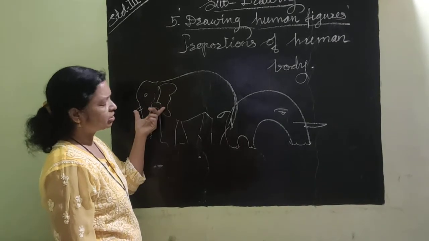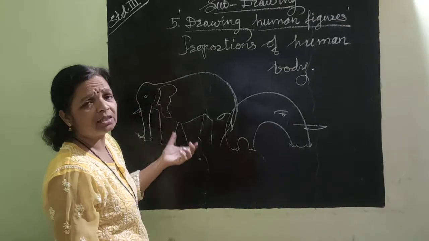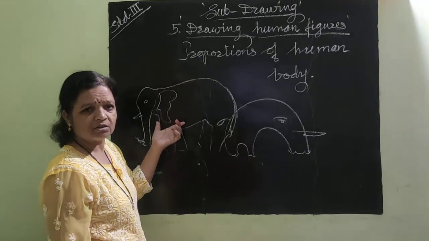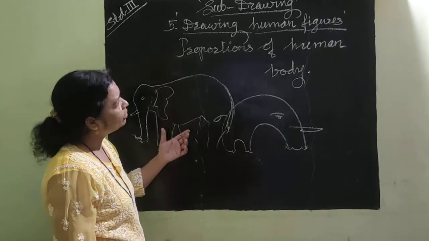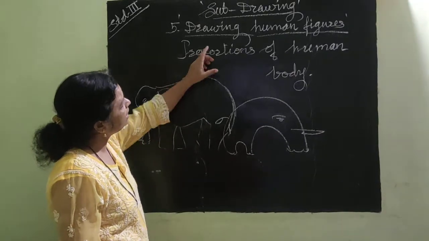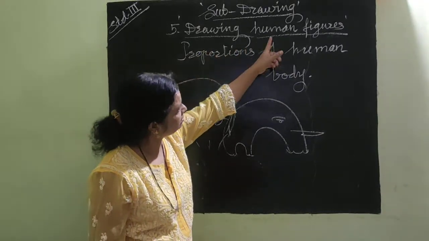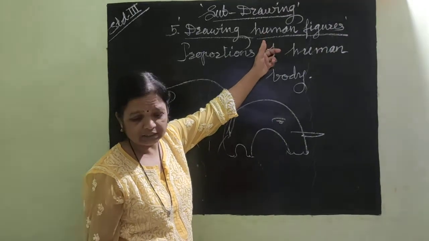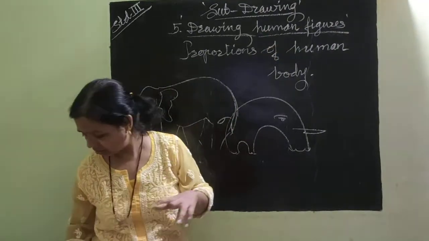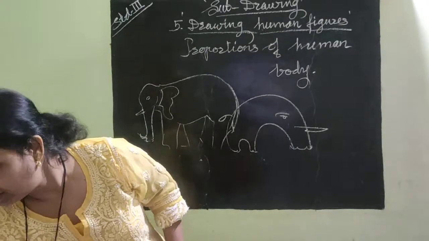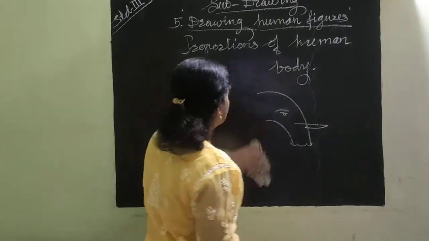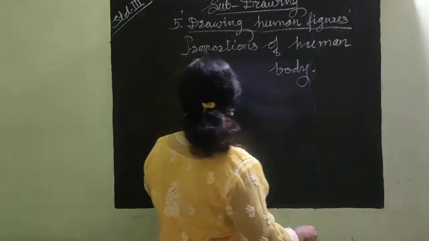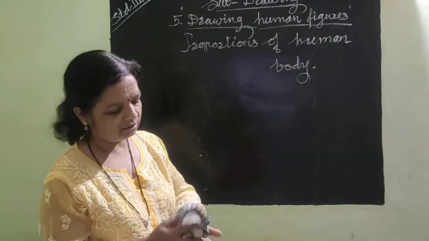So what are the proportions and how do we understand the proportions of any particular body? Not any particular body. Today we are particularly trying to learn our human body only. So forget about this. Let's take the human body. So watch our body.